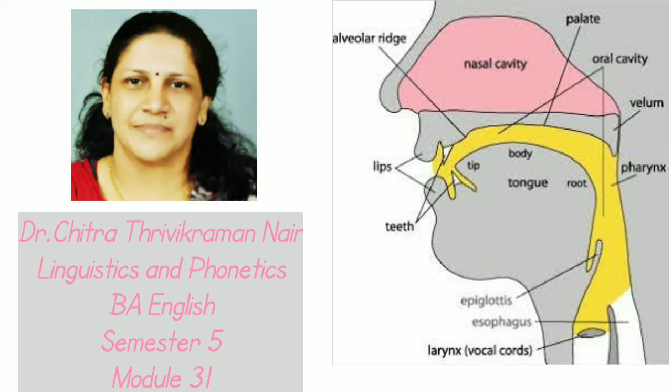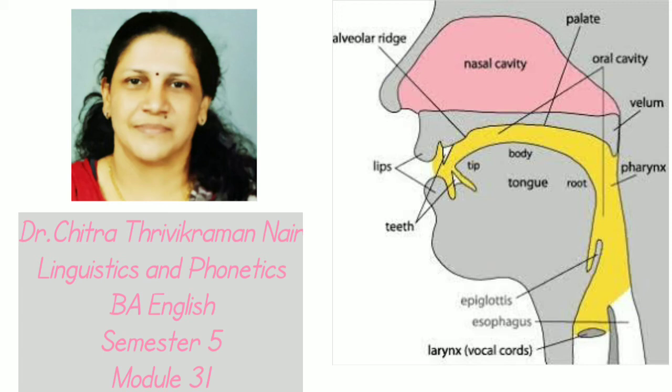Next we have the tongue, yet another important articulator involved in the production of speech sounds. The tongue is a very important articulator, and it can be moved into many different places and different shapes. It is usual for phoneticians to divide the tongue into different parts for the sake of convenience of study.